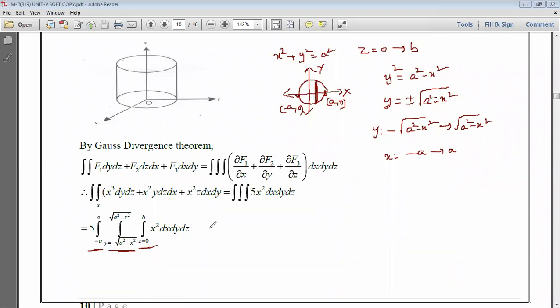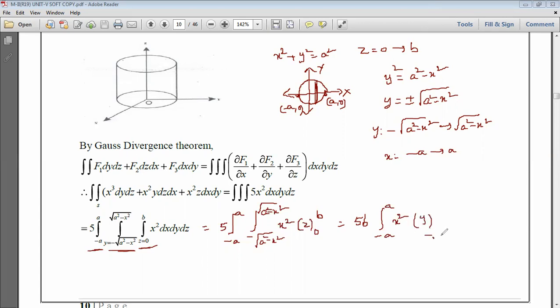And if you apply integration first with respect to z, so 5 into integral minus a to a, integral minus square root of a square minus x square to square root of a square minus x square as it is. Integral dz is nothing but z between the limits 0 to b. So this is a constant, simply we can write outside: 5b, and integral minus a to a, x square into, if we substitute the limits, with respect to y, we get minus square root of a square minus x square to plus square root of a square minus x square dx.